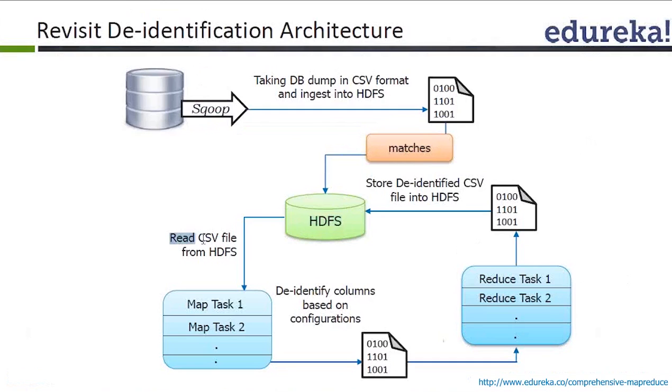Then in your map task, you will read the comma separated value file from HDFS. You will write your business logic for whatever columns you want to de-identify. The output of that would be reduced and the de-identified file stored into HDFS. So this is the de-identification architecture that we had earlier.